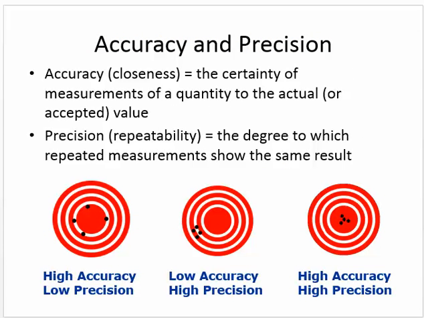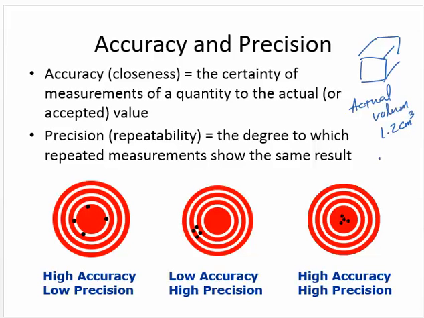Okay, again, accuracy and precision. Accuracy is the closeness, the certainty, of a measurement of a quantity to the actual or accepted value. For example, several people might measure this cube. Say the actual volume is 1.2 centimeters cubed.